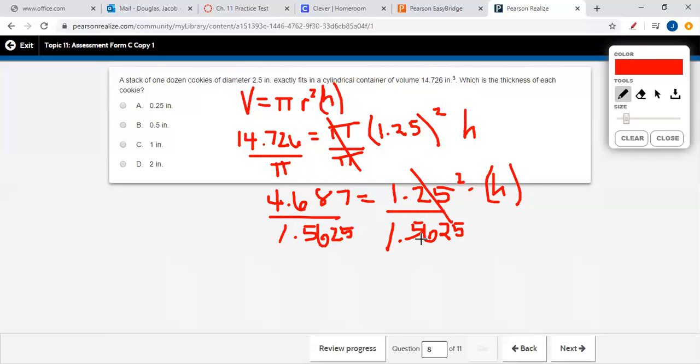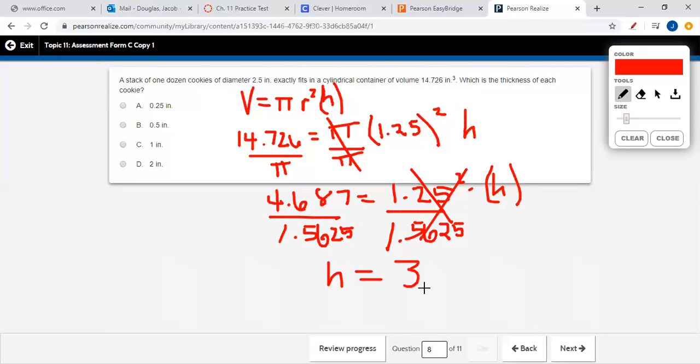These two are going to cancel out, and then 4.687 divided by 1.5625 is going to be 2.99968.